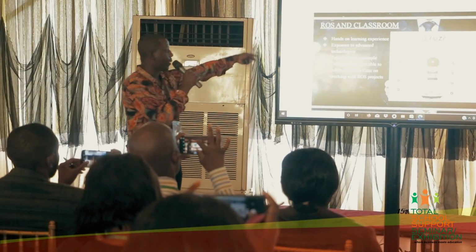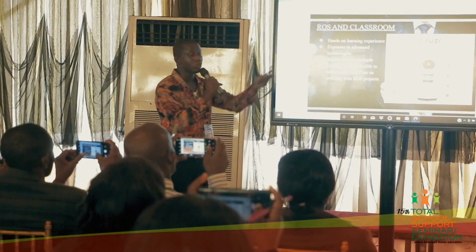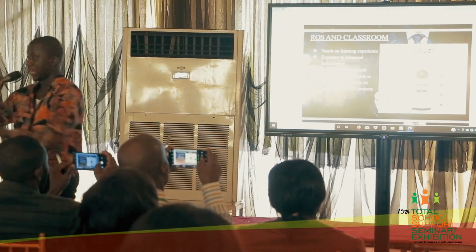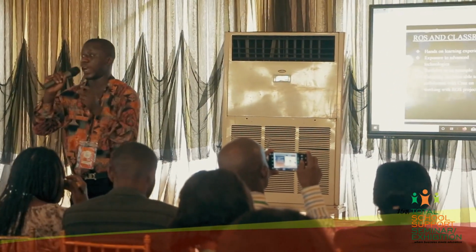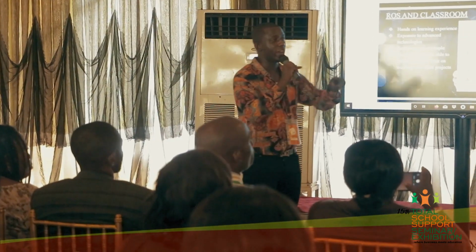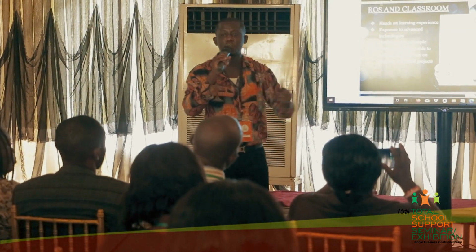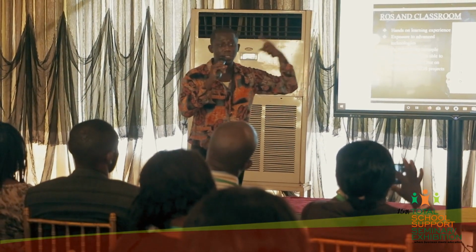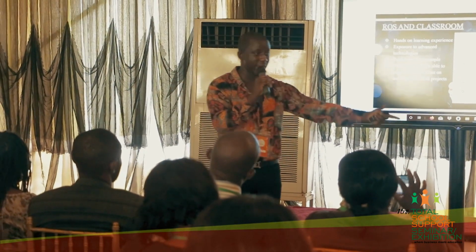So for example, with ROS, we actually have a situation where we have small kids that you can use in teaching children how robotics actually works. Now, the robotics they are learning is not only for learning how to build robots, it's about expanding their minds to know that this thing really exists.